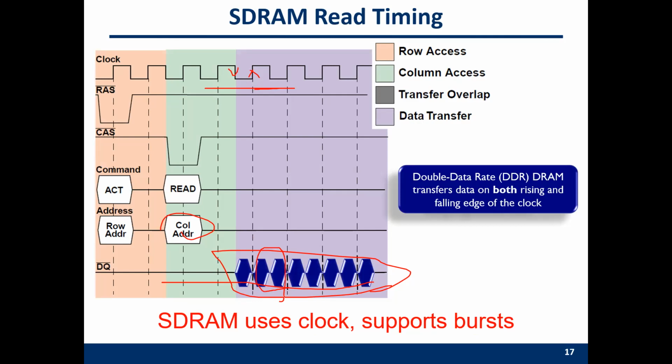This is the so-called double data rate, DDR. Now we have DDR5, DDR4. They have more advanced features, but eventually DDR means in one cycle you can send 2 packages, one on the rising edge of the clock, the second one on the falling edge of the clock.